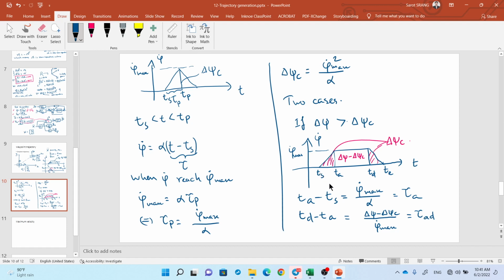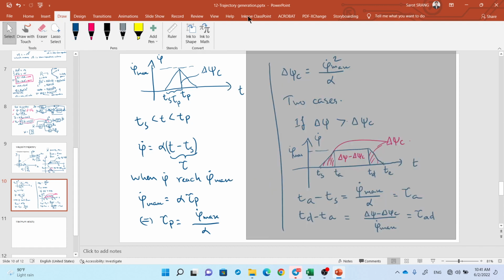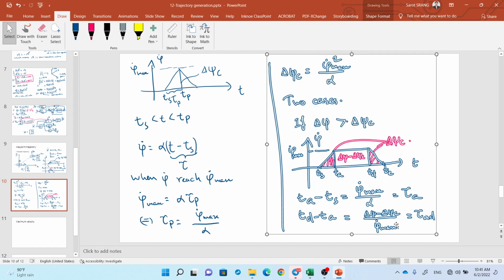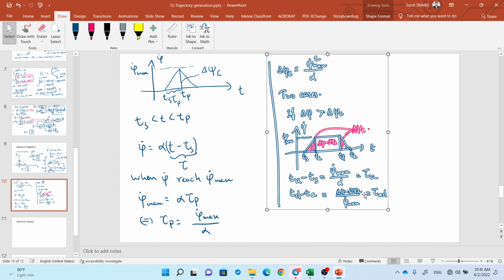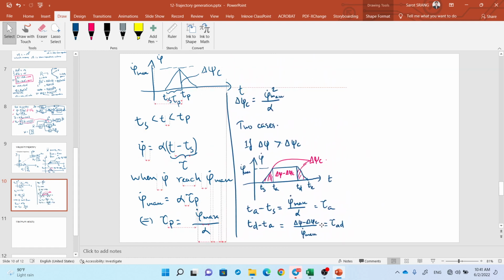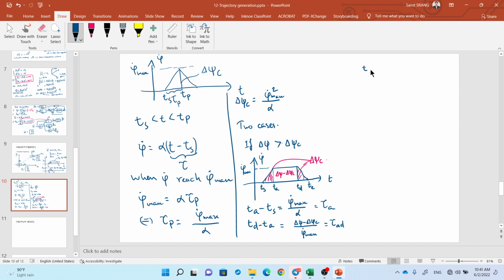So first, t takes from ts to ta. The equation for velocity would be psi dot equals alpha times t minus ts.